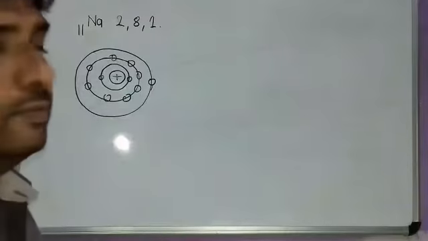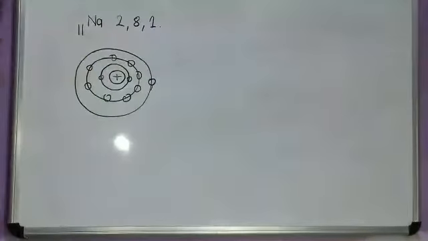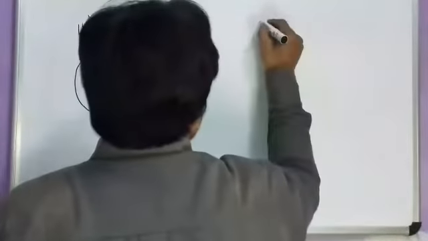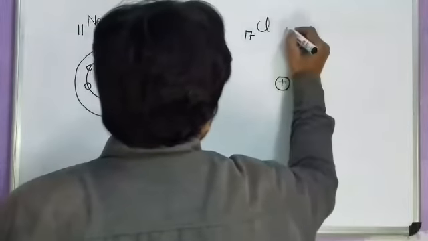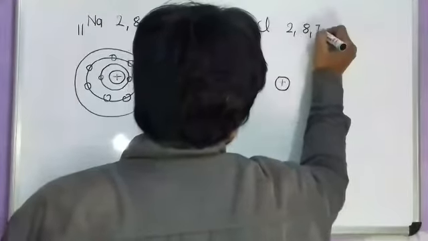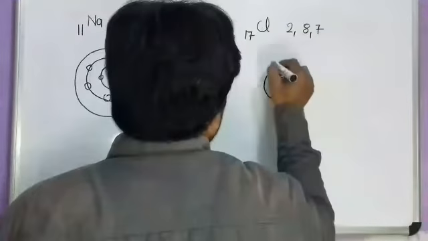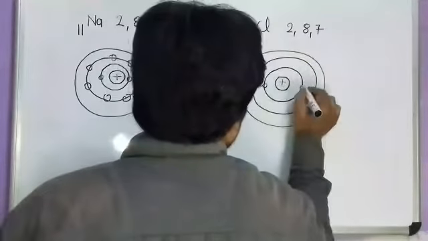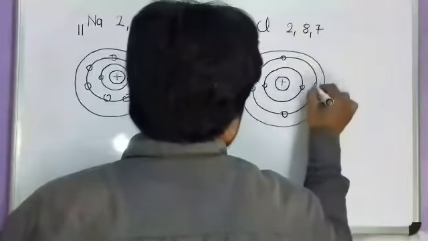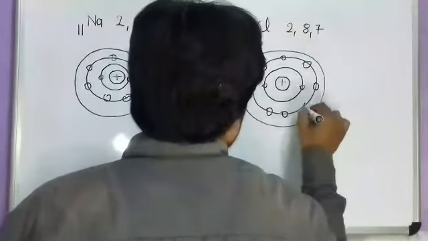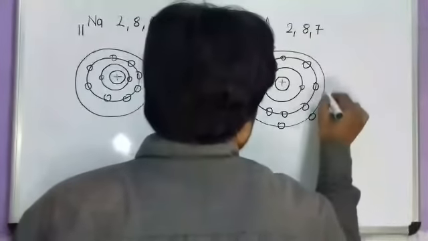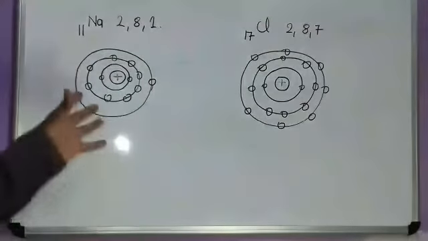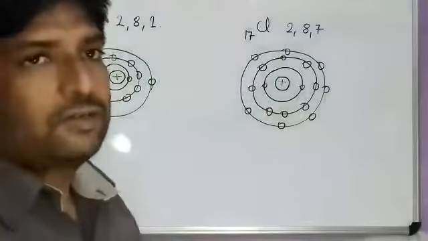This is the structure of sodium, and the second structure is chlorine, Cl, 17, 2 8 7. So this is the structure of chlorine with the 2 8 7 electronic configuration.